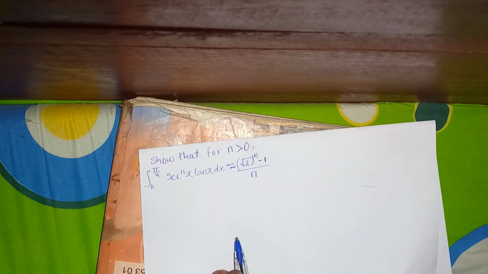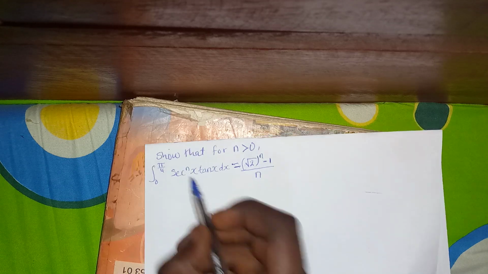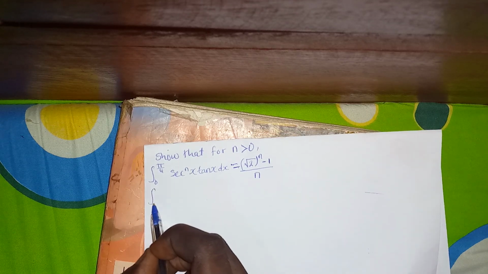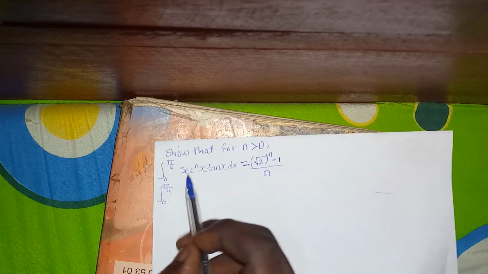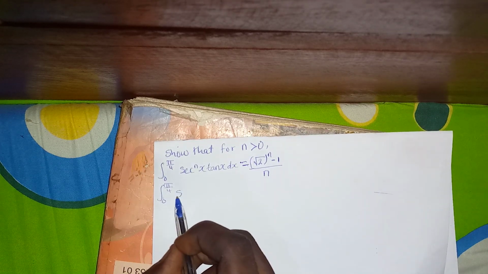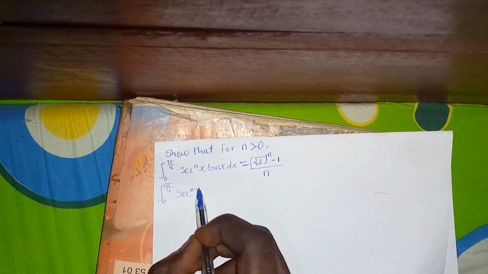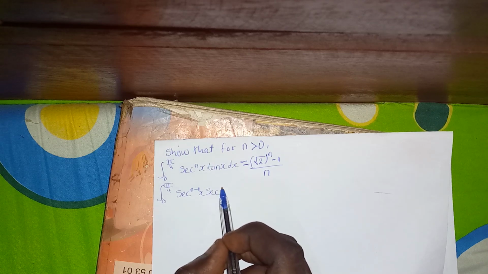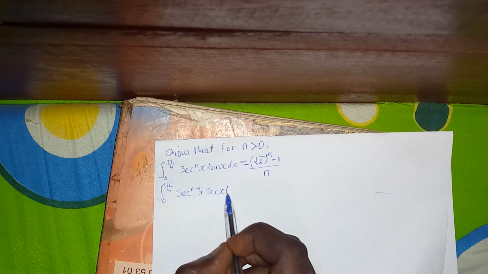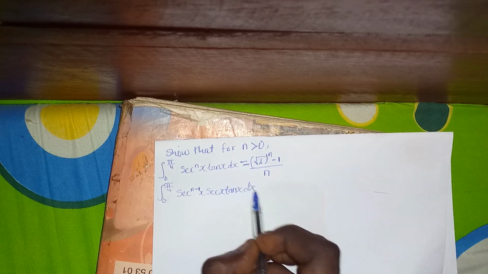So it will be interesting for us to see this sec^n x as we have the integral going from 0 to pi over 4 of, now if we look at this, we can look at this as sec^(n-1) of x, then we write sec x tan x dx.